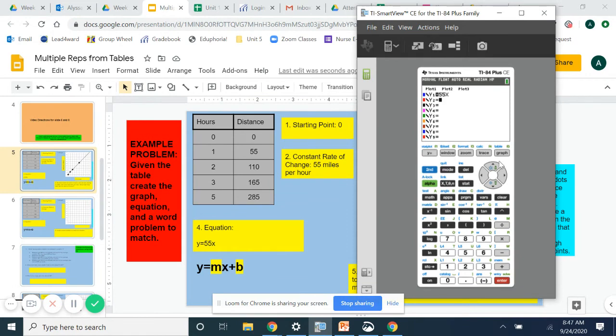Then I'm going to go to my table. That would be second graph. And then here's my table. So this table should match this table, if I wrote my equation correctly. That is definitely a way to check. So 0, 0, 1, 55, 2, 110, all the way to 5 and 285. Whoops, something's wrong there. That should be 275.